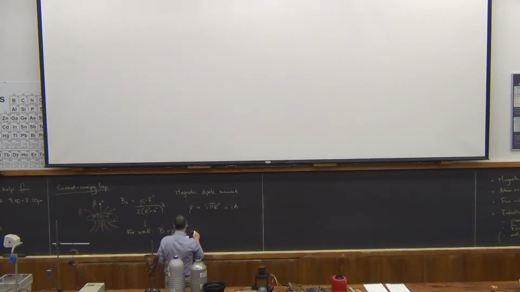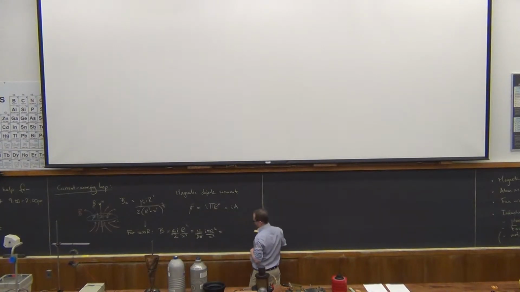And so I can also write this as mu 0 over 2 pi I r squared over x cubed. And now, making use of this definition of the magnetic dipole moment mu, this is where the horrors of duplication of symbols kicks in, I can now write the expression for the magnetic field a long distance away as this.